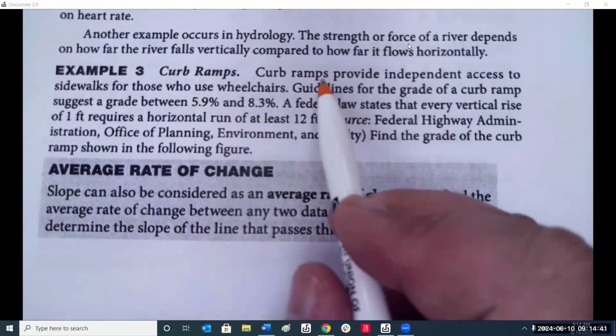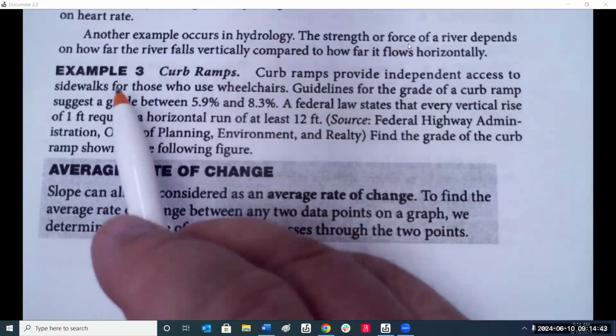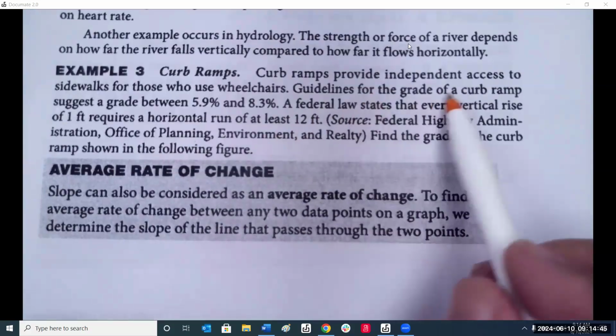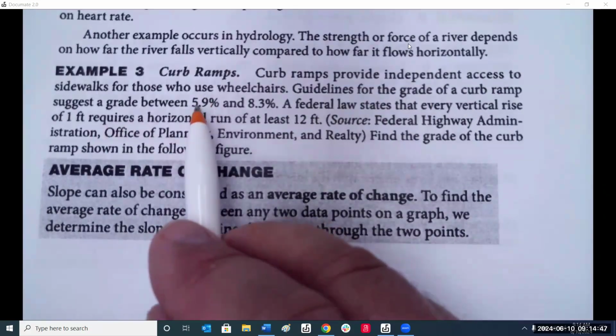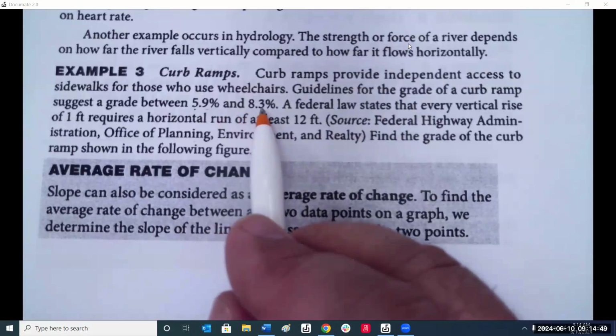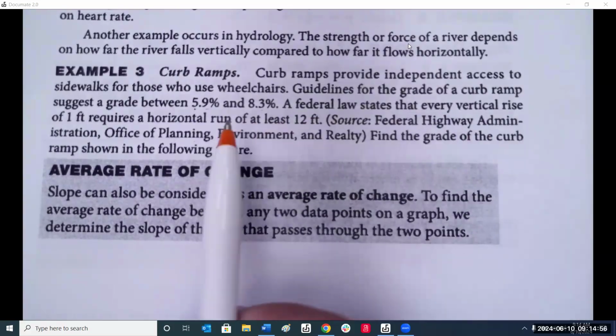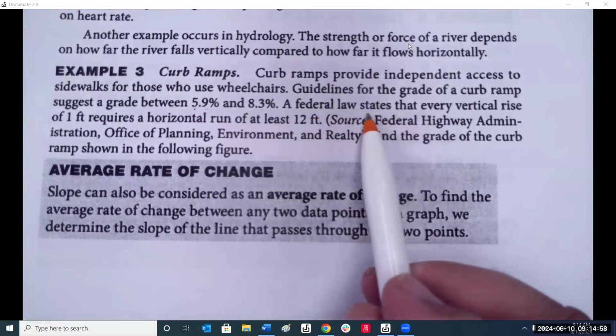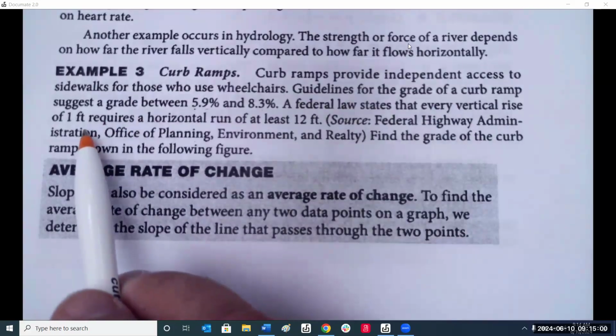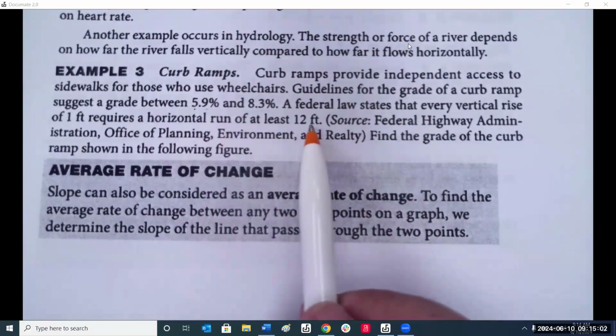All right, let's look at example number 3. Curb ramps. Curb ramps provide independent access from sidewalks to those in wheelchairs. Guidelines say that it has to be between 5.9% and 8.3% by federal law. Federal law states that every vertical rise of 1 foot requires a horizontal run of 12 feet.